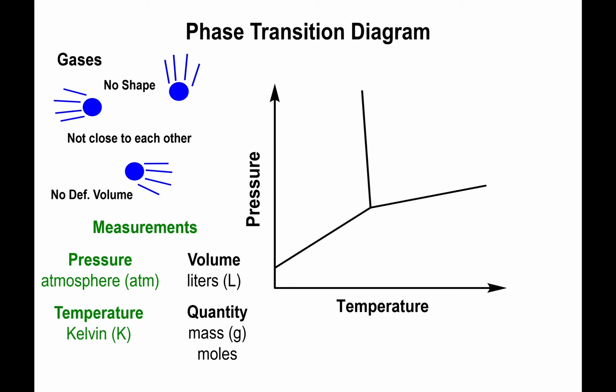If you complete this phase transition diagram, you'll find that gases appear on the lower portion of the graph, specifically in the territory where the pressure is low, but the temperature tends to be high. Although that may not necessarily have to be the case for temperature. Depending on the gas, you could go pretty low in temperature and still have a gas. But the general trait is that yes, the lower the pressure and the higher the temperature, the more it ensures that you end up with a gas.